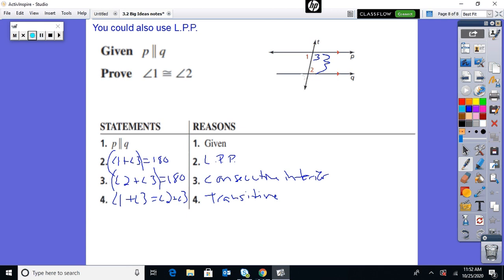And then we're trying to get 1 matched up with 2. Well, we can just subtract. So this one would involve 1 extra step. That's why it's not the most common way to do it, but I wanted to show you that it is indeed legit. So now we could say angle 1 is congruent to angle 2 by subtraction.